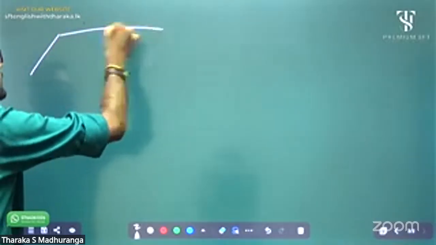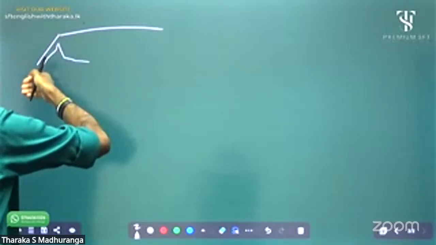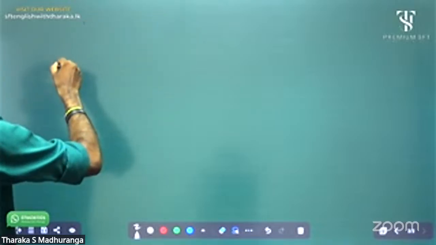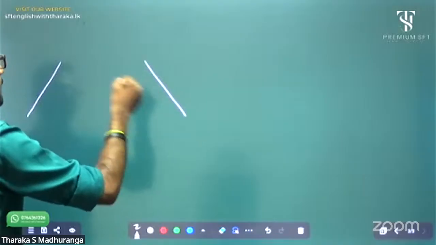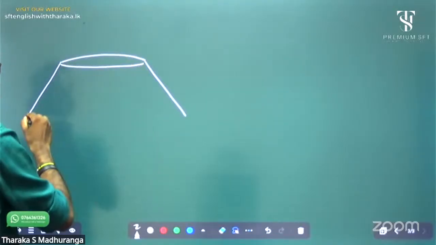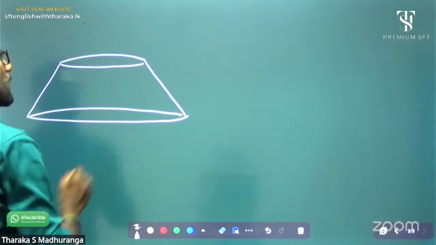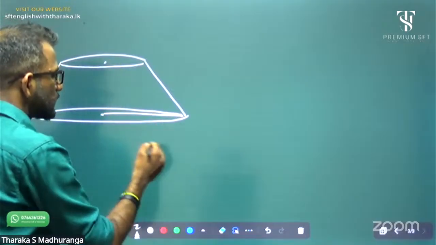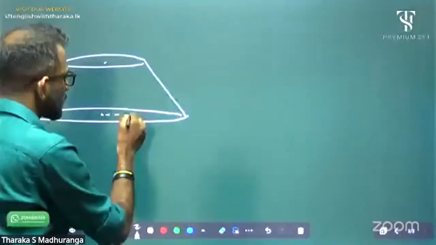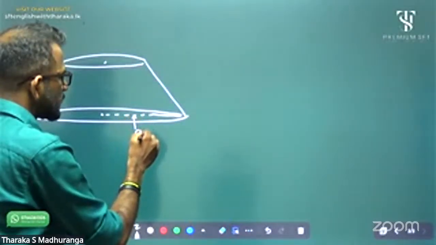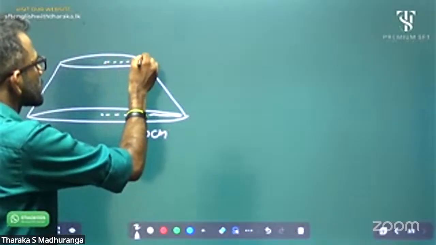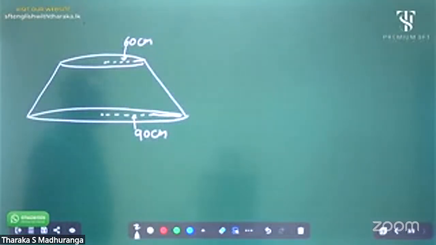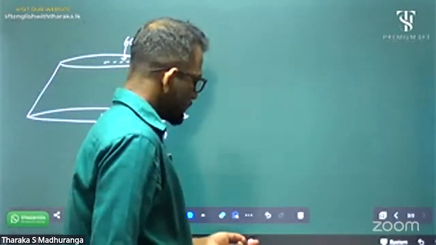This is a part B. This is a part B. The radius 90 centimeter, 60 centimeter. 90 centimeter, 60 centimeter.